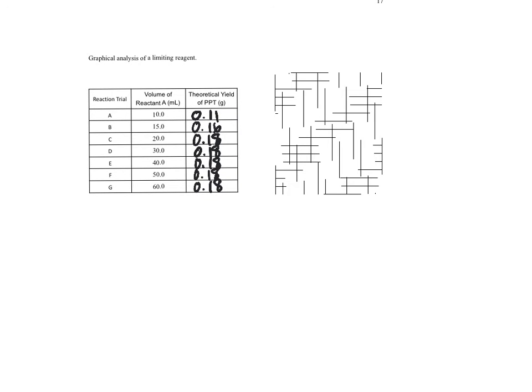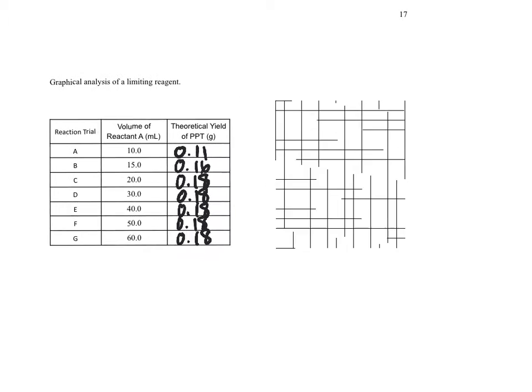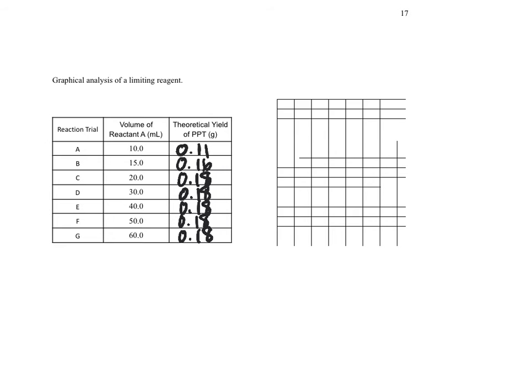We worked some problems out here, and these are our theoretical yields that we got. And again, this is what we should have gotten. So let's take a look at our data table. Again, our data table is always going to give us our X and then our Y. Another way to think about this, we changed up the volume, so that's our independent variable, and we calculated, in this case, our dependent variable.